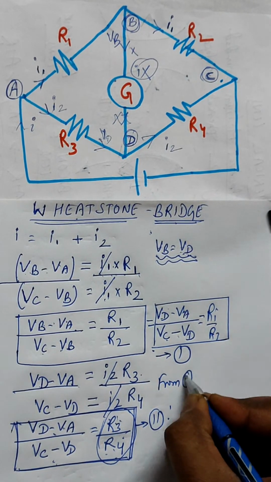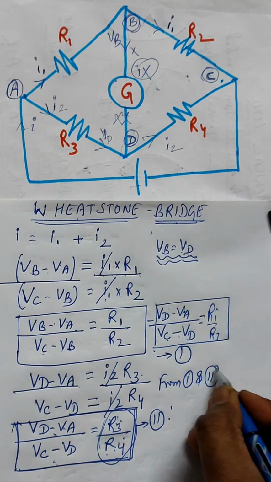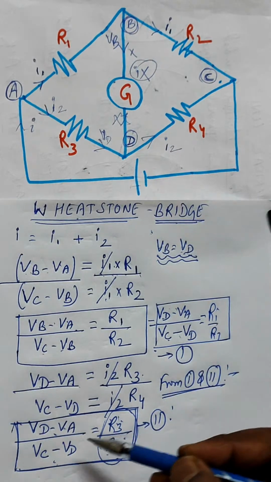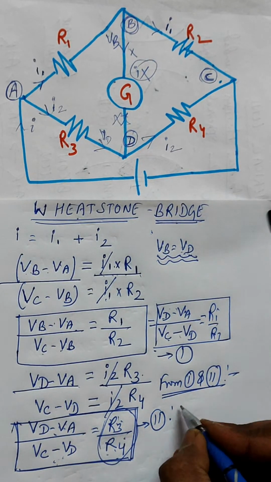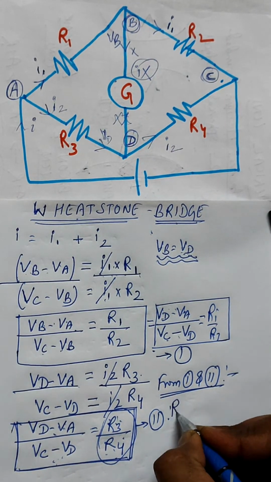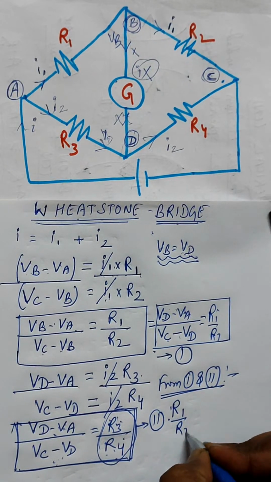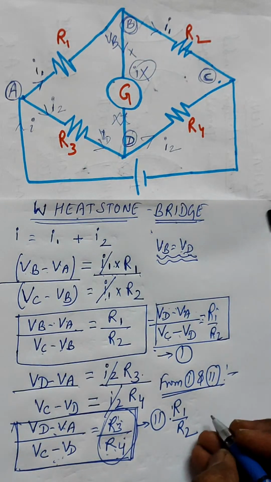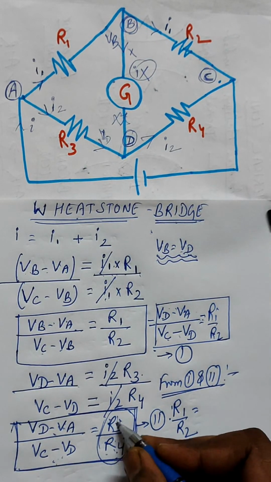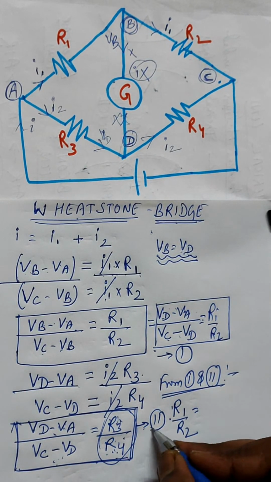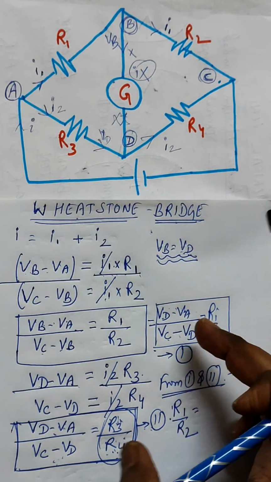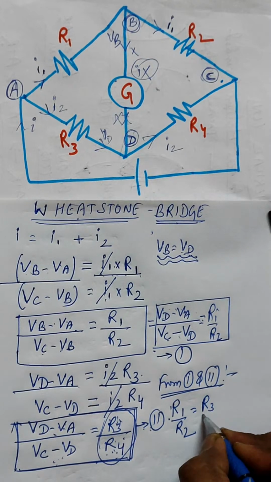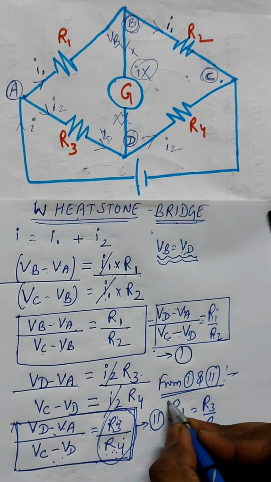On comparison, R1 by R2, which is the RHS of equation 1, is equal to R3 by R4, which is the RHS of equation 2, and both the LHS are equal. So this is equal to R3 by R4.